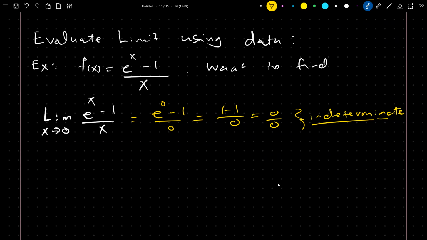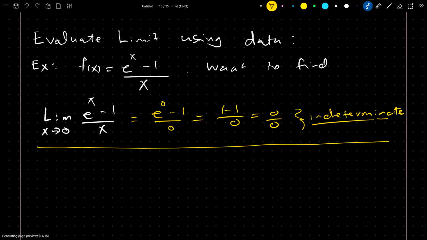And so what we're going to do instead is use technology, and look at a table of data. So then what I'll do is grab my technology.